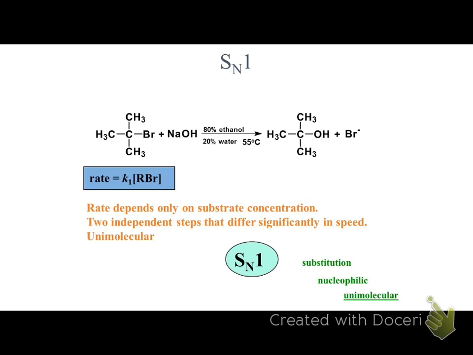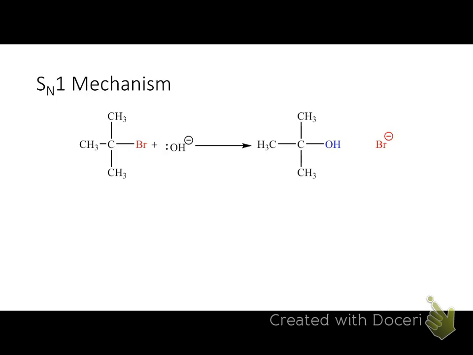All right, so let's talk about the mechanism real quick. And I'll just draw it on here. So in the first step of the mechanism, this bond has to break. I'm going to draw this one out.